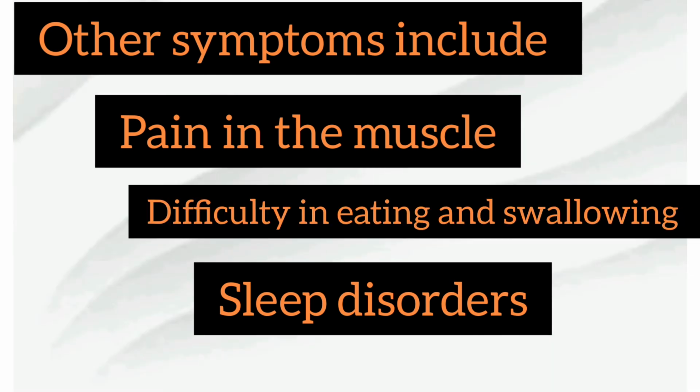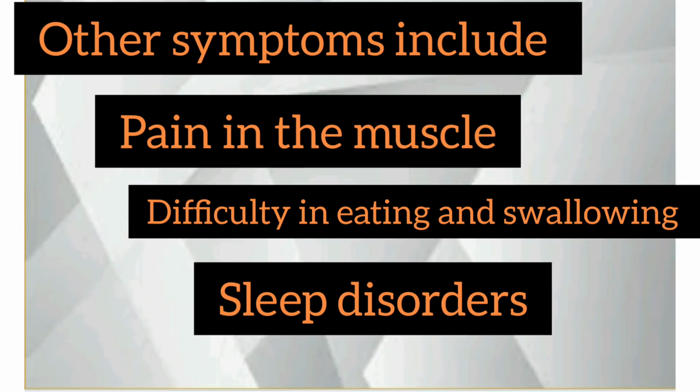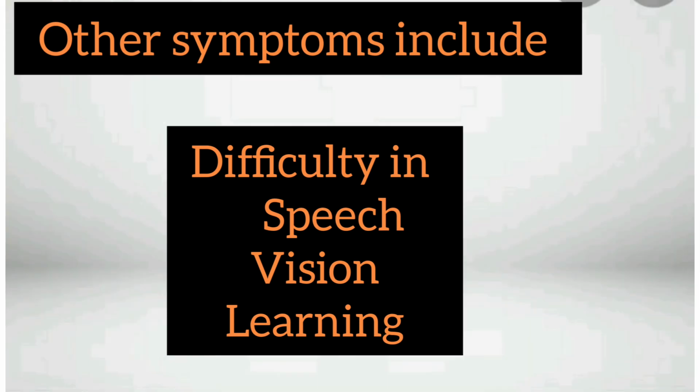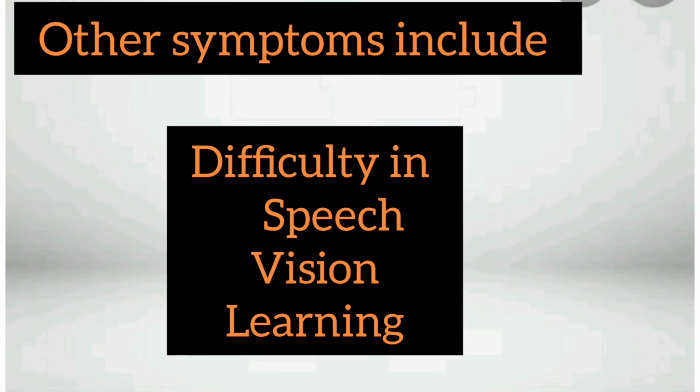These kids also have issues with eating. They can't chew or swallow properly until a certain age. There are also differences with speaking, vision and learning. In order to look into all the issues bothering the child, we have to see many doctors. There is a group of doctors who can help us.